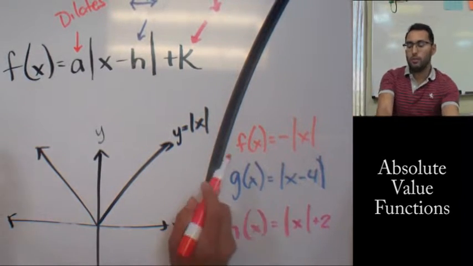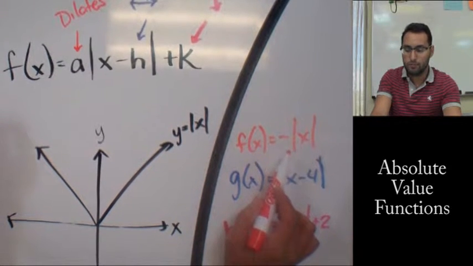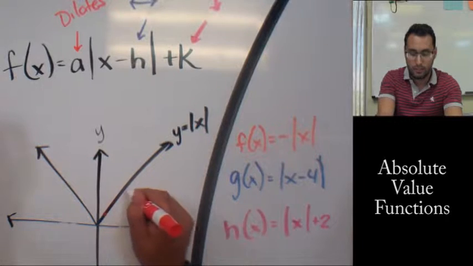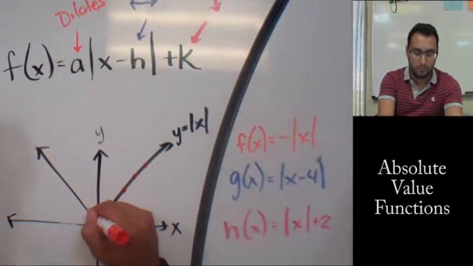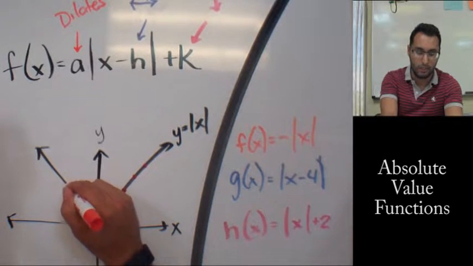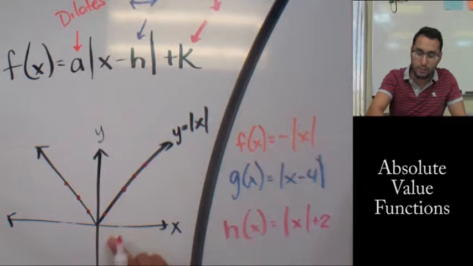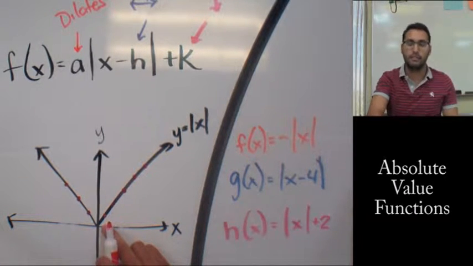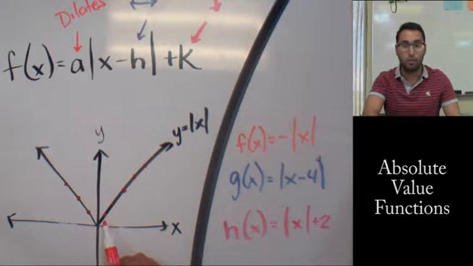We're going to start with f of x equals negative the absolute value of x. You can look at the different points here, which we got from the parent points using a t-table. To get this new graph, you measure the height those points are from the x-axis. Notice at this point, it has a height of 1.